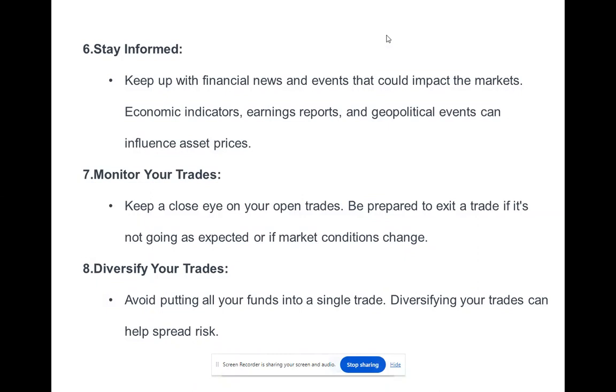This can help spread risks. Maybe on the first trade you open a $2 deal, on the second trade you open a $3 deal. Before you know it, you start making profit. Before you know it, you make a consistent income in binary option. So don't put all your funds into a single trade.